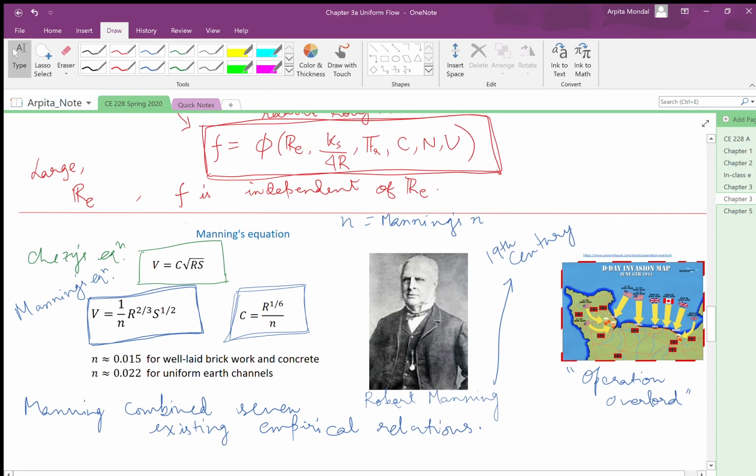And like I was mentioning in the previous video, the equation for Chezy's roughness estimation could eventually be related to modern fluid mechanics. Similarly, for Manning's equation also, links were established, even though this is another empirical relationship.